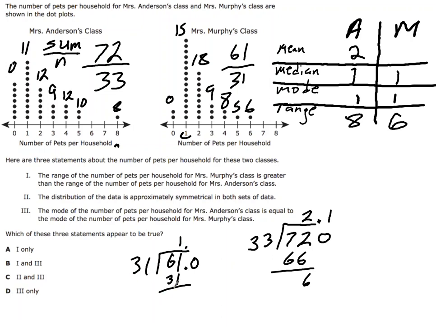So the 1 times 3 makes 30, and bring down the 0. There we go. So we get 9 out of this. So we're going to round this off to 2. We could leave this 2.1, but the thing is there's no such thing as a tenth of a person. So that's why I chose to round.